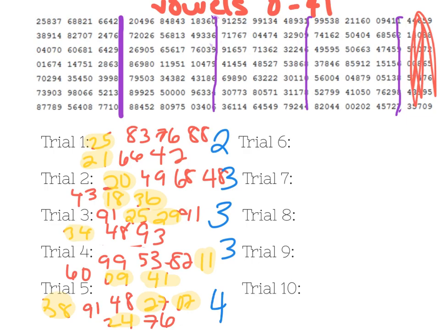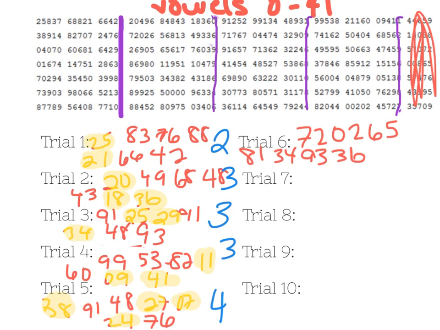Next one is 72, 02, 65, 81, 34, 93, 36. And that is from this group. 72, 2, 65, 68, 13, 49, 33. Oops, that's 30. Oh, wait a minute.